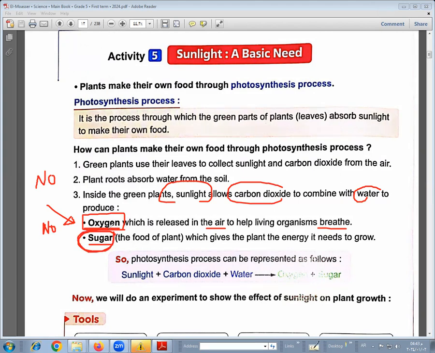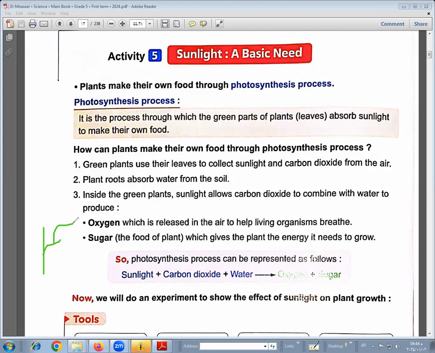And also, plants give us sugar. Who knows a type of plant that gives us sugar? Who can predict? Yes, grape. What else? Fruits. Excellent. So when a plant makes sugar, this sugar is the food of the plant.